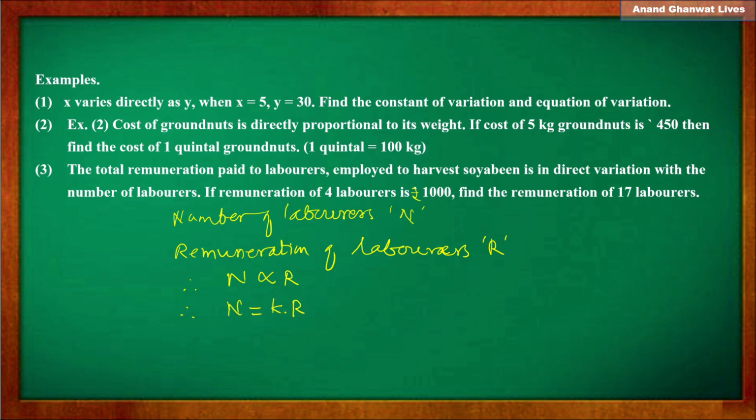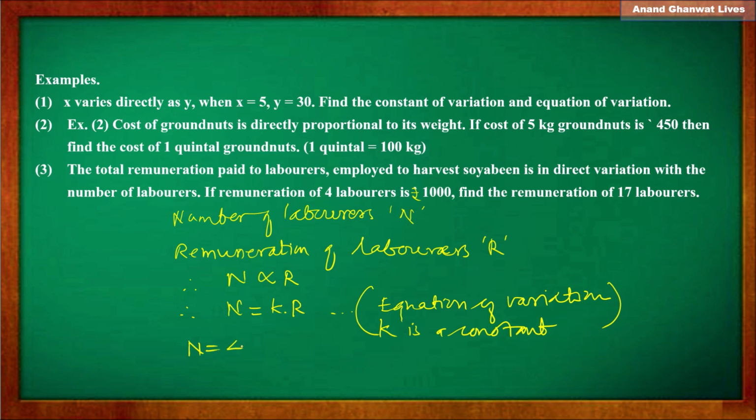That is the equation of variation. We have been given that when n is equal to 4, then r is equal to rupees 1,000. Therefore n, that is 4, is equal to k into r, that is 1,000. Therefore k is equal to 4 upon 1,000, which is 1 upon 250.